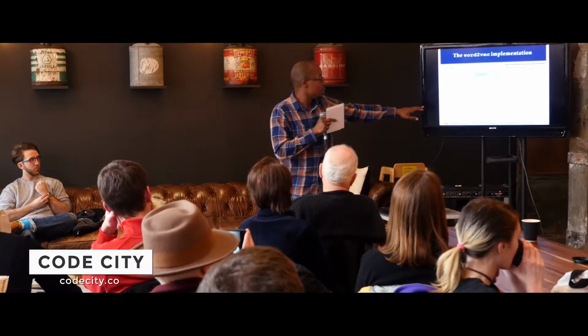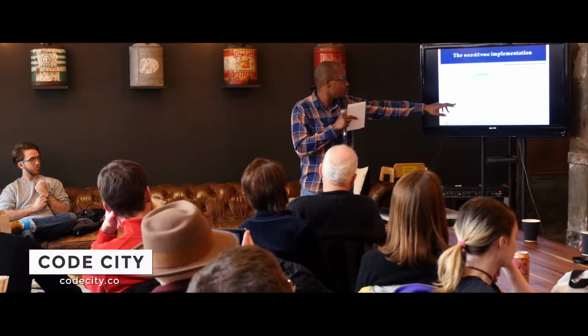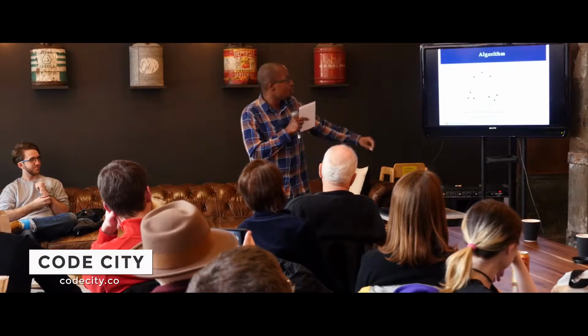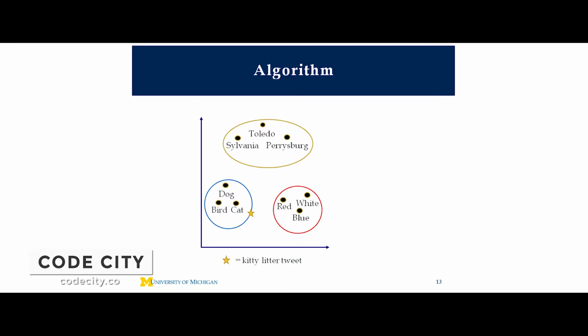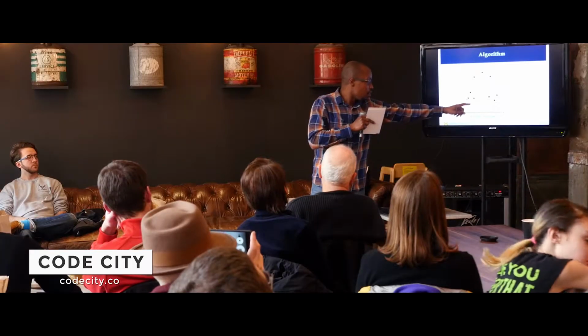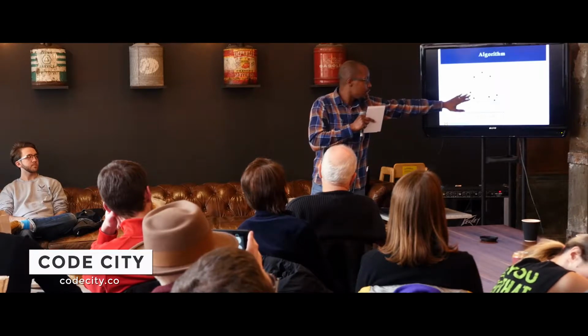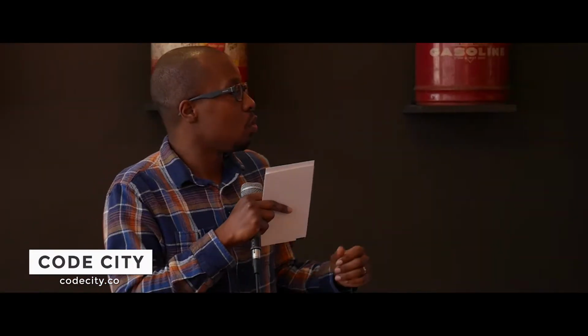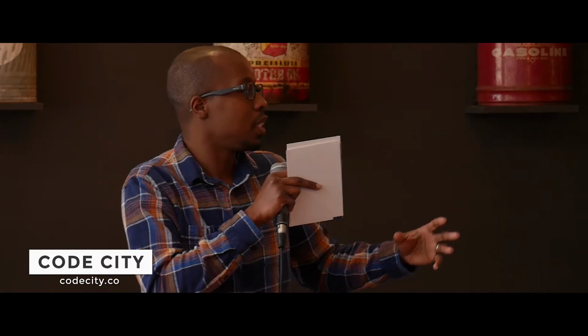Here you see that we have a lot of cat-centric words: cat, kitty, and litter. So the point for that tweet is going to be right here, definitely near animals and even closer to cat in particular. The whole idea is that you've transformed text into something numerical, something you can see distances from.